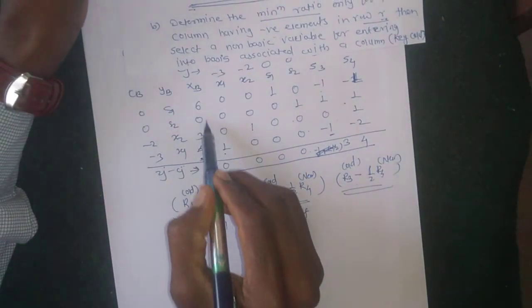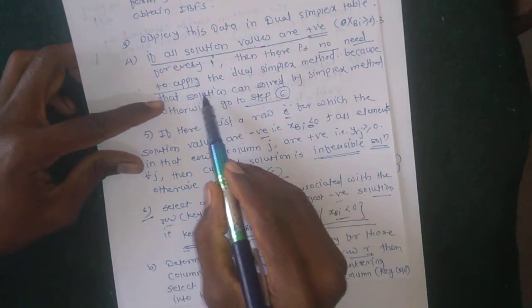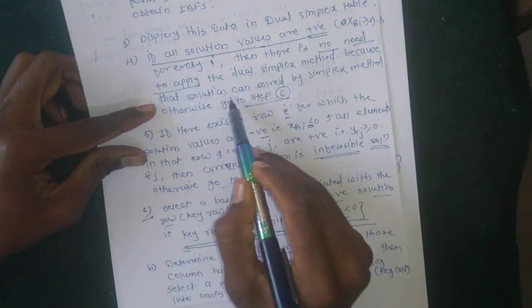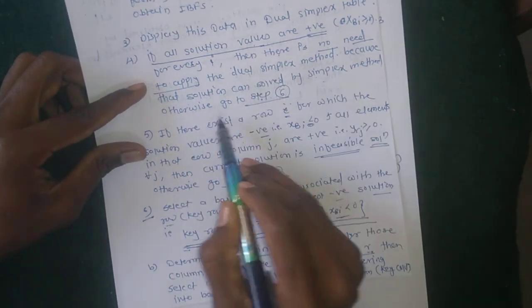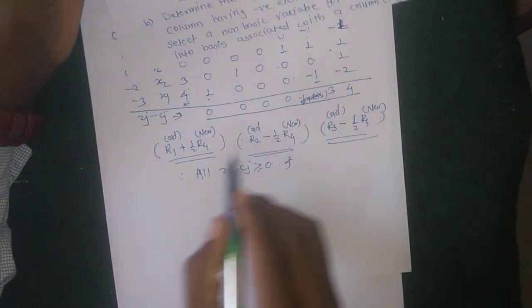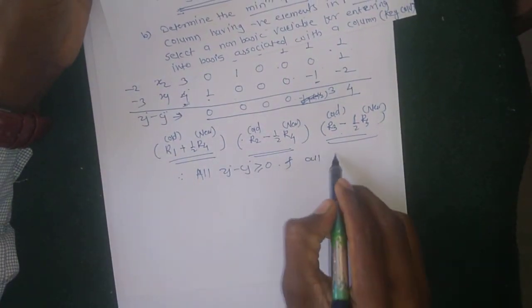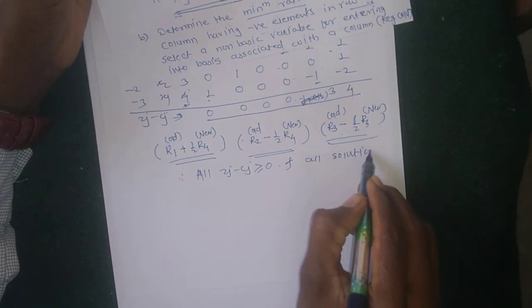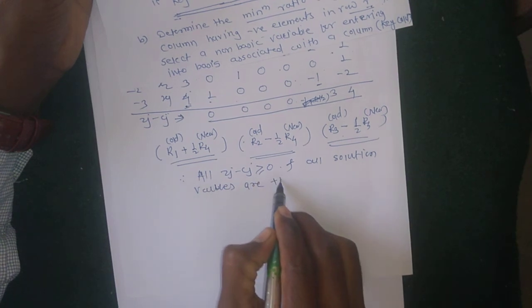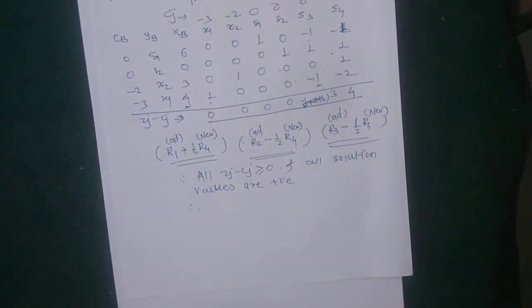Therefore there is no need to apply the dual simplex method, because that solution can be solved by the simplex method. Here all Zj minus Cj are 0 and all solution values are positive, and therefore this is our solution.